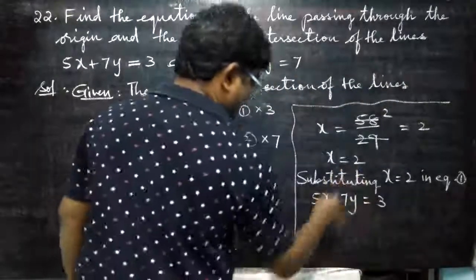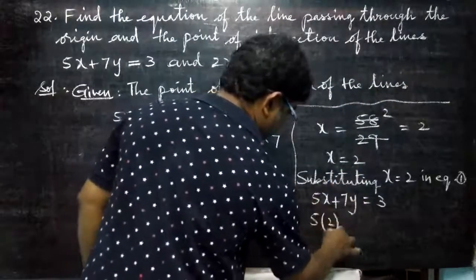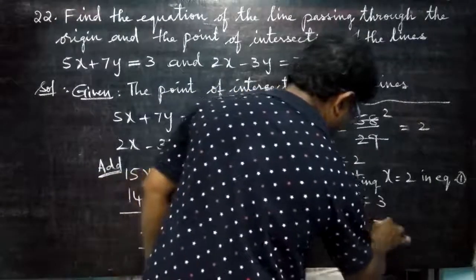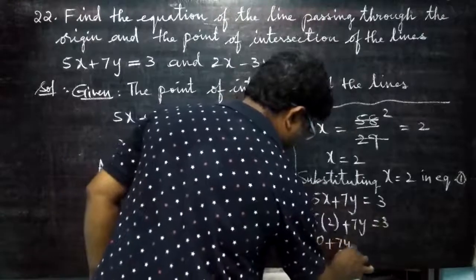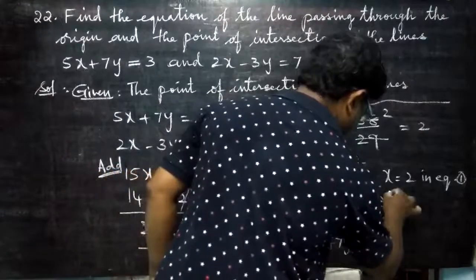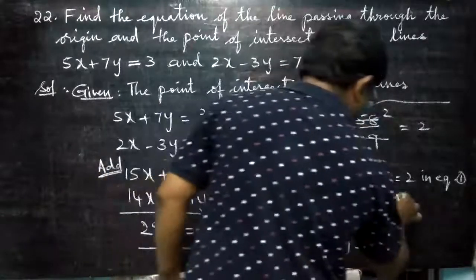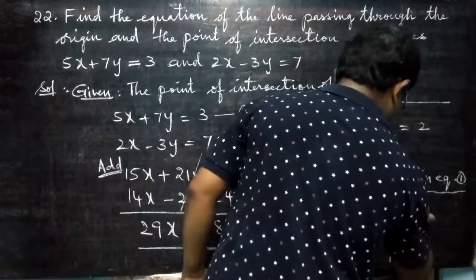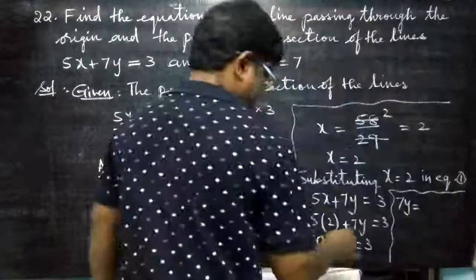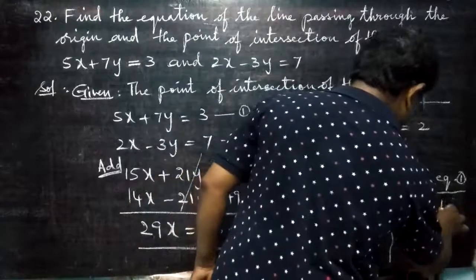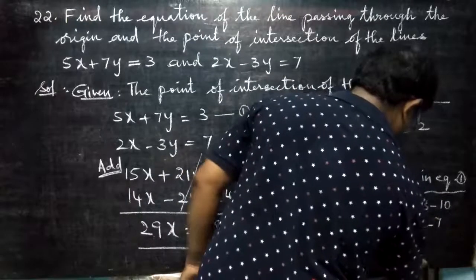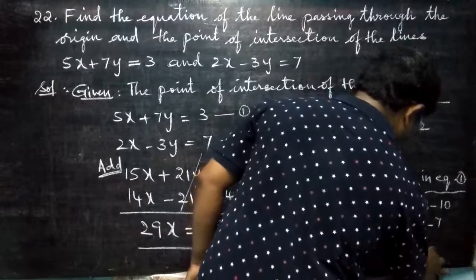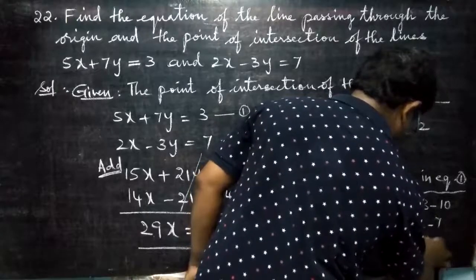In the place of x you write 2: 10 plus 7y is equal to 3. 7y is equal to 3 minus 10. 7y is equal to minus 7. y is equal to minus 7 by 7. 7 goes 1 time.